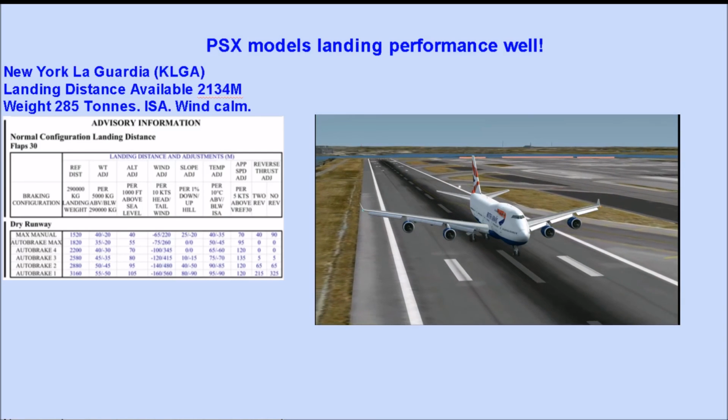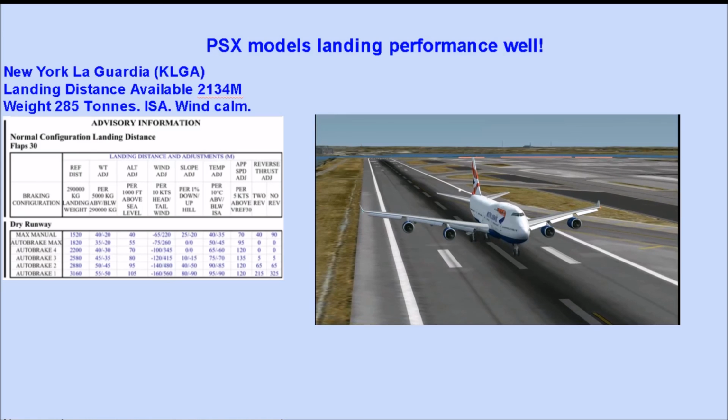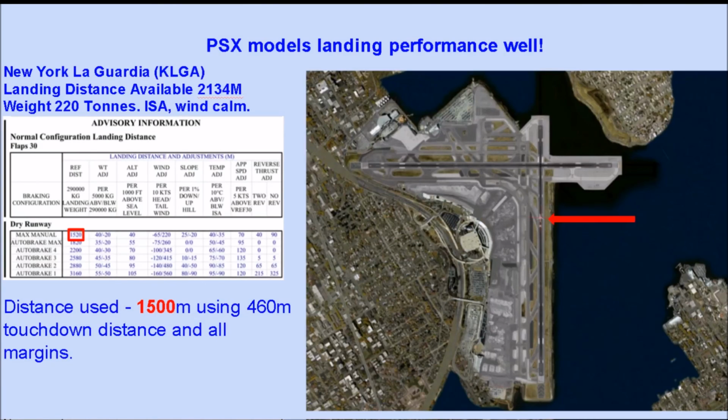And you'll see the weight makes quite a considerable difference. Nevertheless, we've stopped well before the end, like that. So on this test landing, I actually used 1500 meters, which used up a bit of my margin, but I think you can see that it's very, very close to the actual tabulated figures.